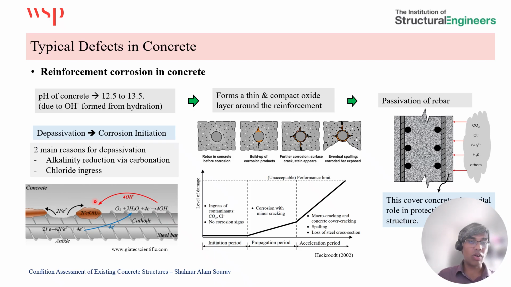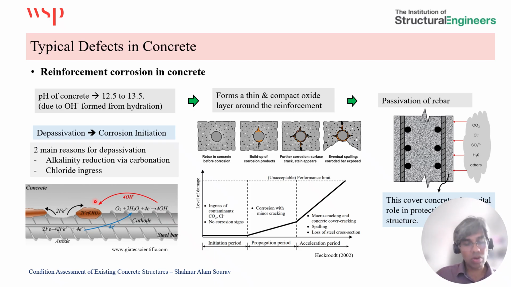This is due to the formation of hydroxyl ions from the hydration products, which are the result of the hydration reaction. In this very high alkaline environment, a thin compact oxide layer forms around the reinforcement. This compact layer, which we call a passive layer, will further protect the reinforcement against going into the reaction.